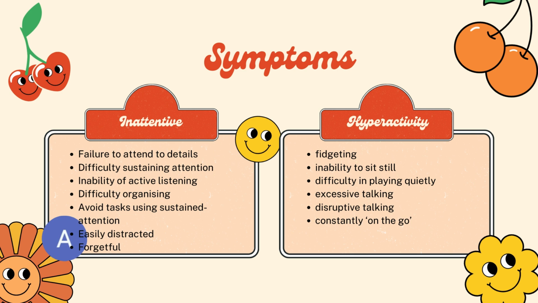For example, if you are showing them how to eat, they know how to bring the food to the mouth and eat, but they probably forgot or were not able to attend to how many fingers you used, which utensil you used. They will also have difficulty sustaining attention, meaning that they might have a very short span of attention, very fleeting attention.